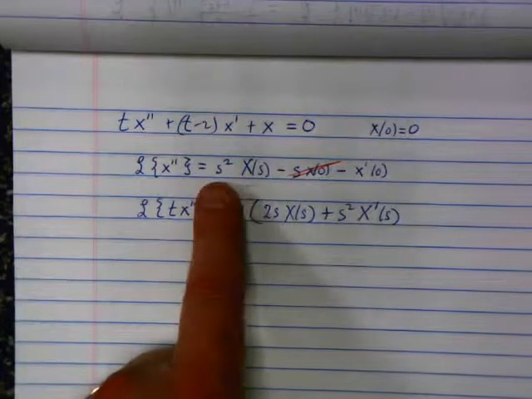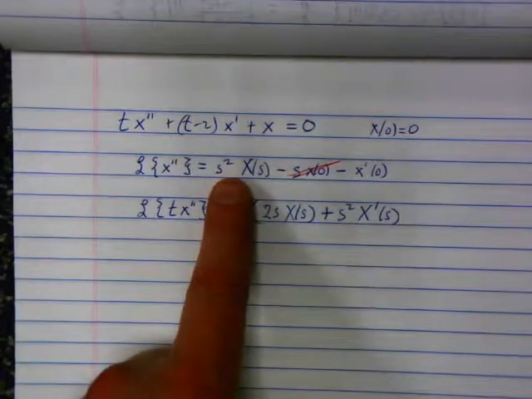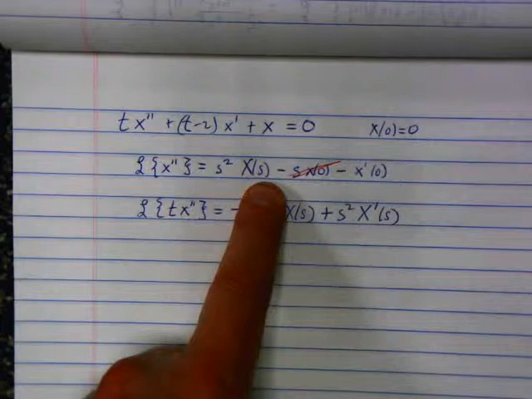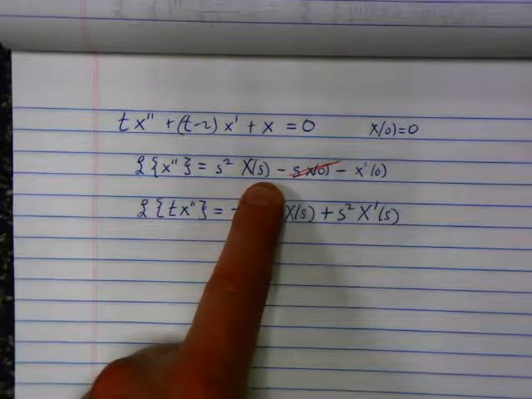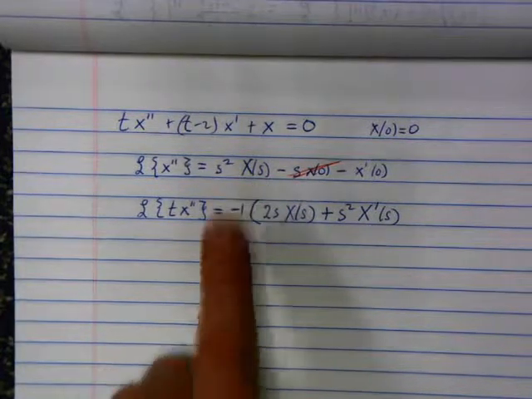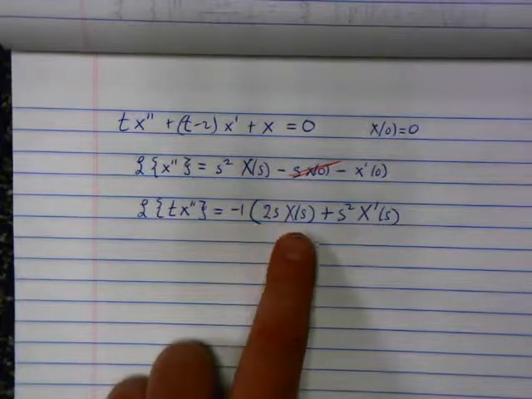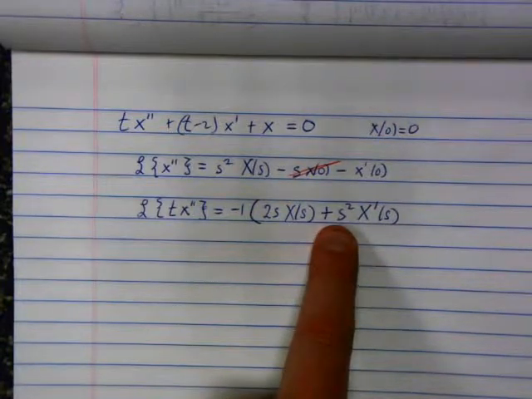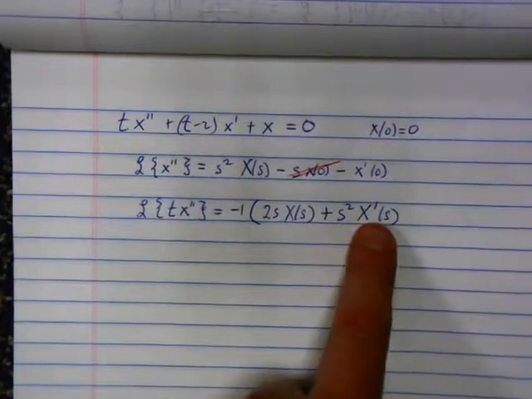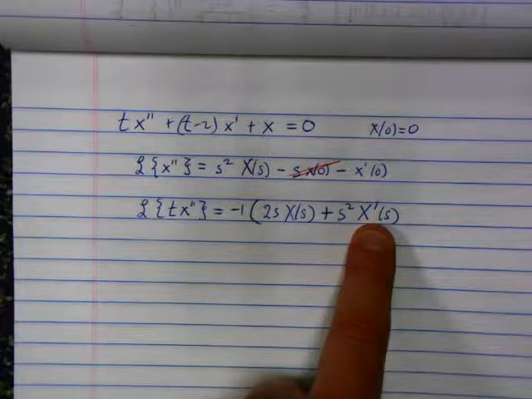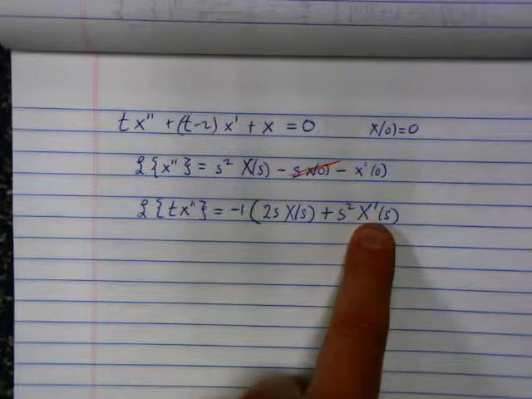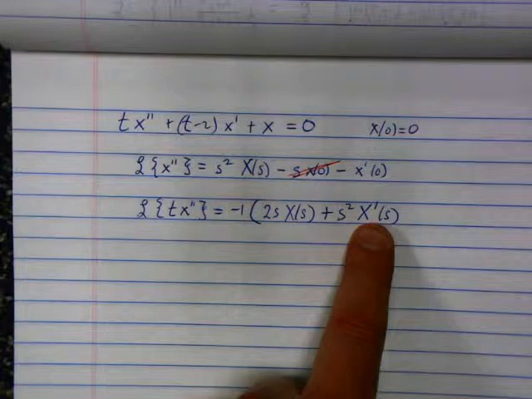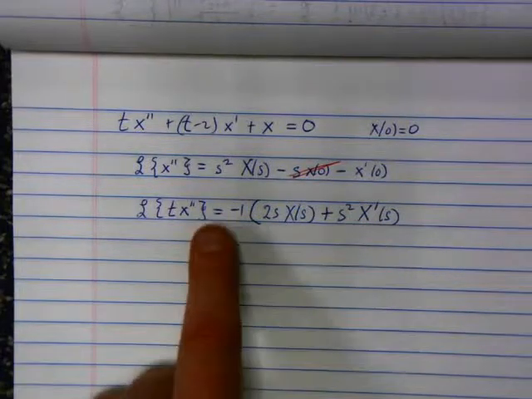Notice we have multiplication there. This one has an s in it, and this one also has an s in it. So I have to use the product rule. I took the derivative of the first one, that was 2s. I left the second one alone. Plus, I left the first one alone, that was s squared, and I take the derivative of the second one, that's x prime. We're taking d ds, correct. X is not a constant though.